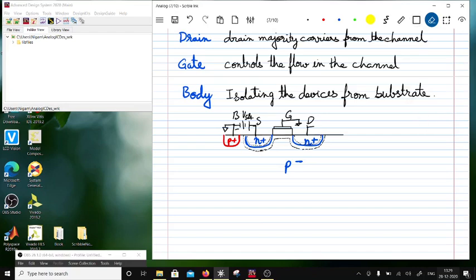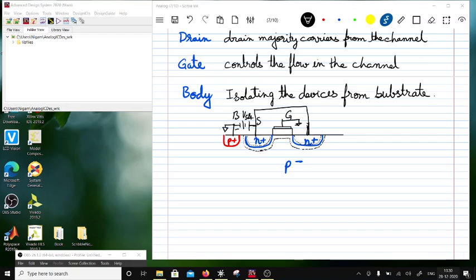So everything would be relative to S, and right now there is no horizontal field because there is no potential between source and drain. So this is sitting at a potential which is VSB above the ground.